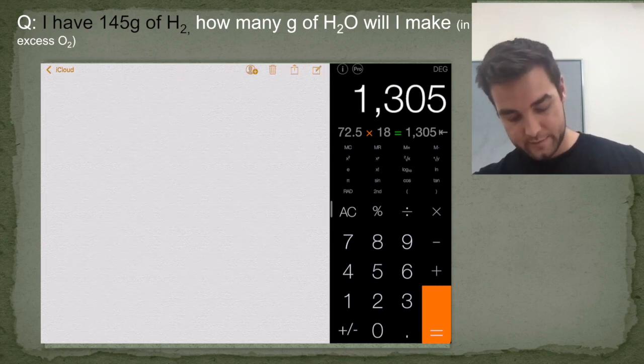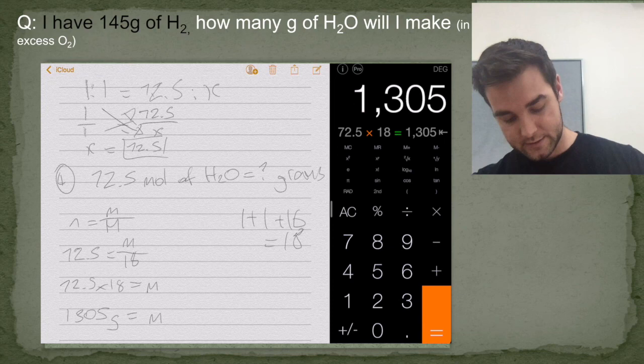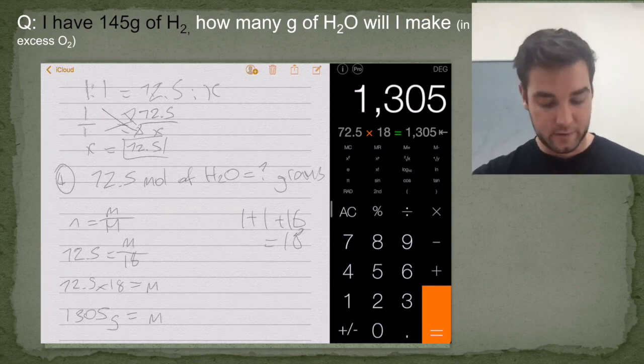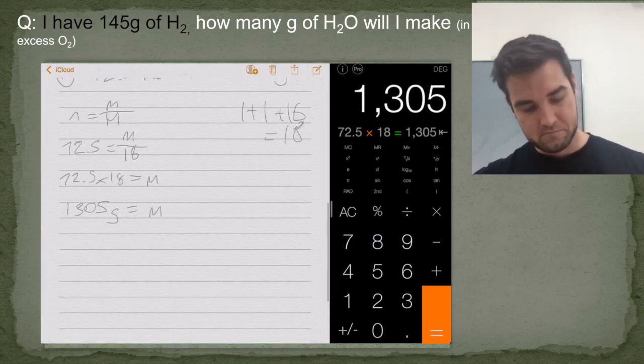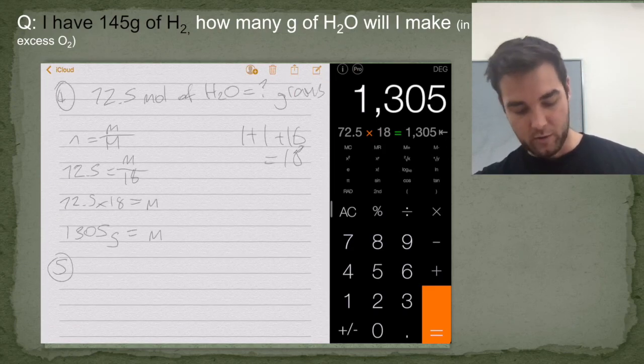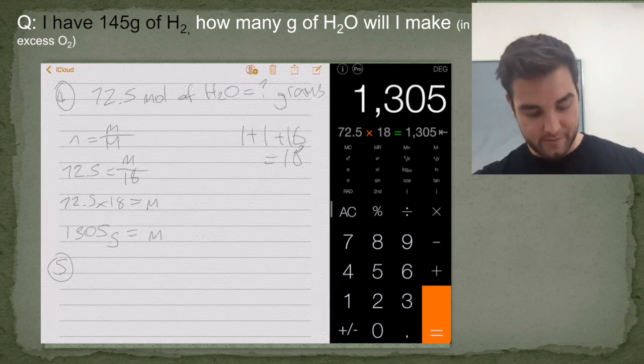1,305 grams equals mass. Okay, so that's 1.305 kilograms, but let's just write out our answer. I'll write it out in kilograms just for a bit of fun.